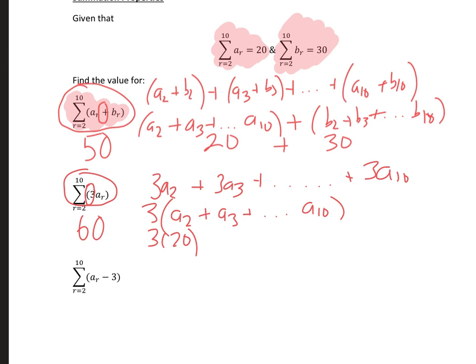Okay, and the last one is the sequence A2 take away 3 this time. So the first term would be A2 take away 3. The next term would be A3 take away 3. The next term would be A4 take away 3, all the way up to A10 take away 3.